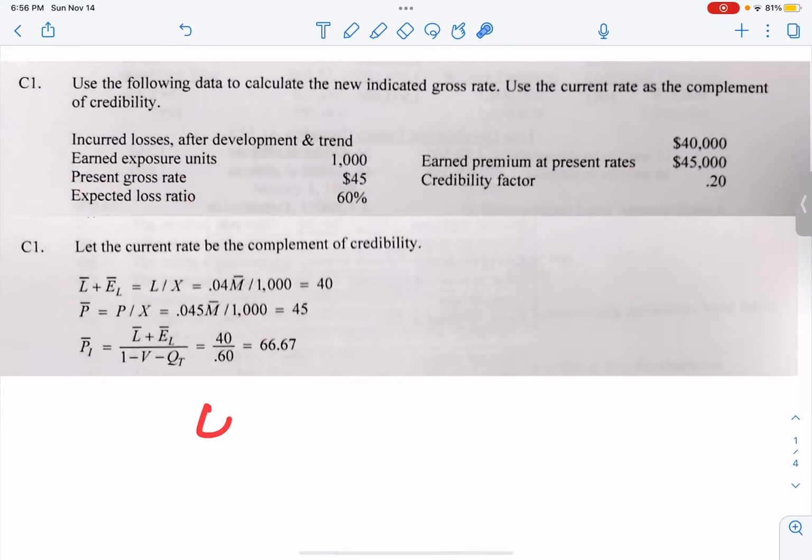So that is 40 over 0.6 gives us the indicated gross rate.